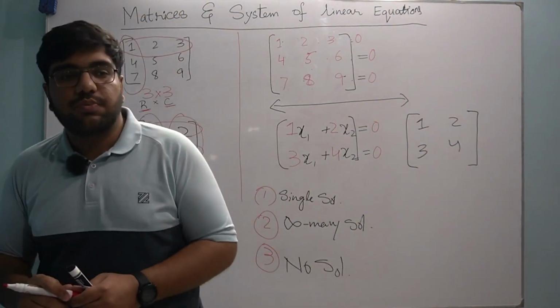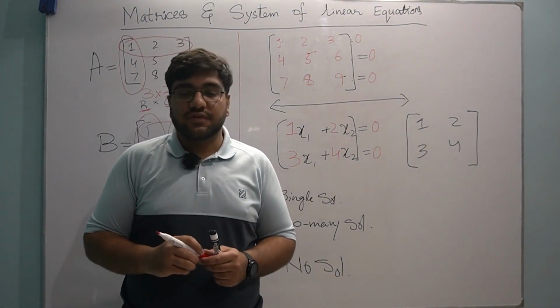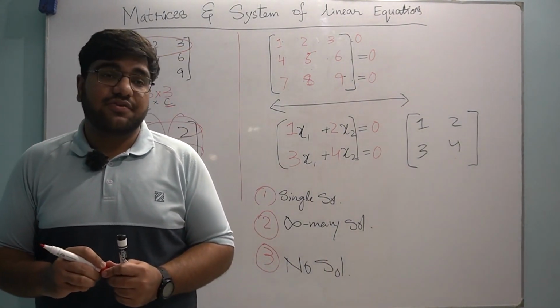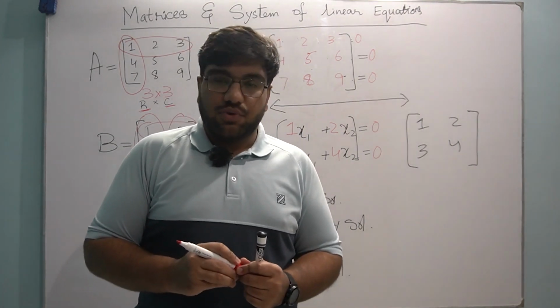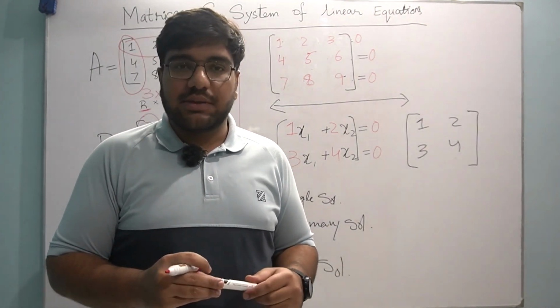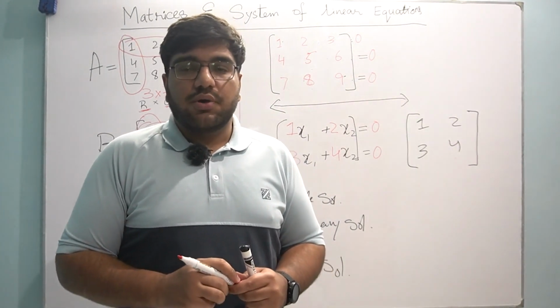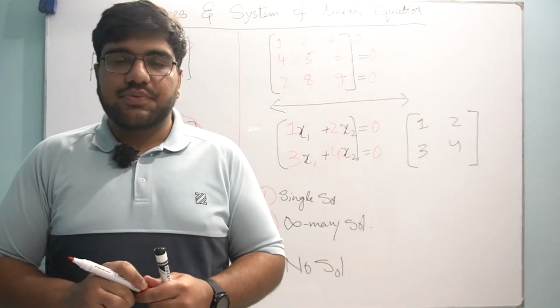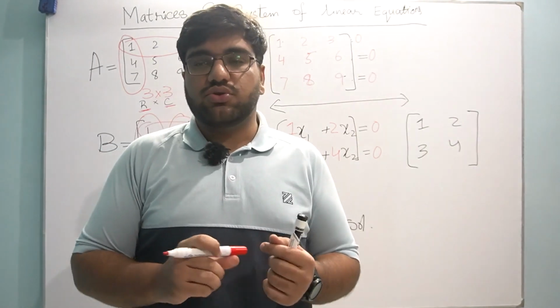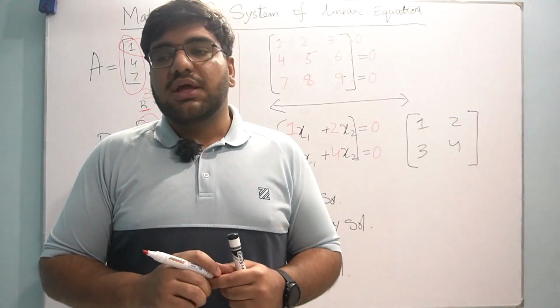Later on, we would be discussing how to add matrices, subtract matrices, multiply matrices, and after that we would do Gauss-Jordan elimination. Gauss elimination, which is also known as the row elimination method, and Gauss-Jordan, which is also known as reduced row echelon form.